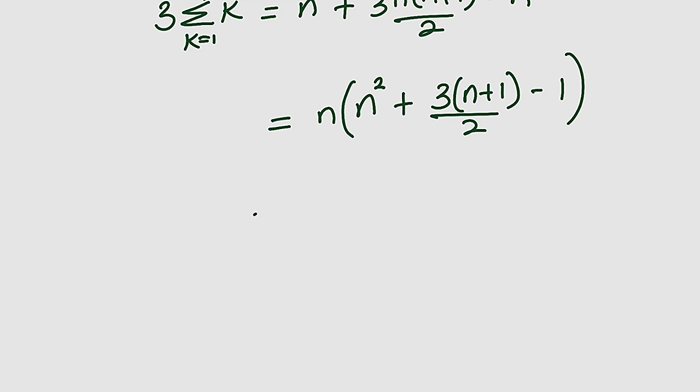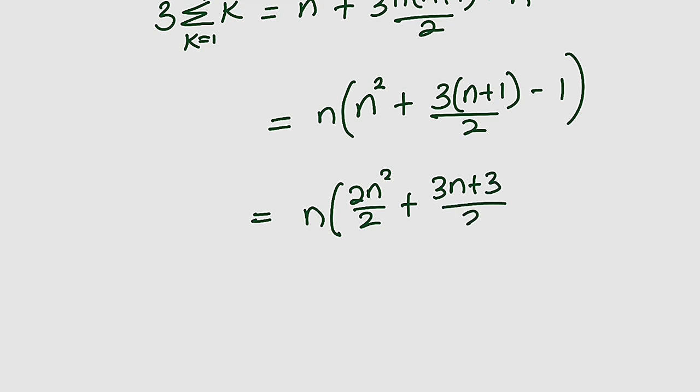This is equal to n multiplied by, I can rationalize this as 2n squared divided by 2, all the same, because I want to have a denominator of 2, plus 3n, that is 3n plus 3 if you expand it, still divided by 2, then minus 2 over 2, which is the same thing as negative 1.